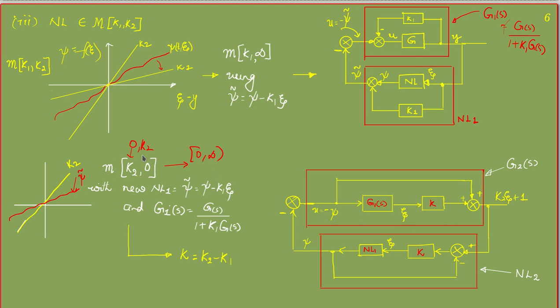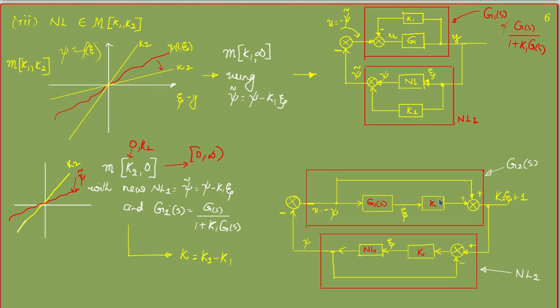In order to move it to the 0 to infinity sector, when I shift this psi tilde to K1, that means I have already shifted K1 here. So I get a new K here, that is K2 minus K1. So the new loop transformation would be, in this G1 of S, you have to get the new G2 of S. Okay, I already have a G1 of S. With that, you have to add this K here.